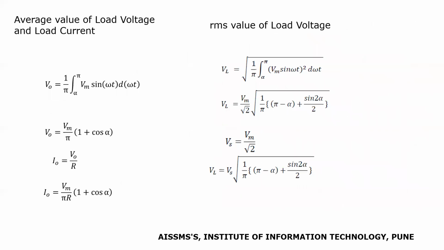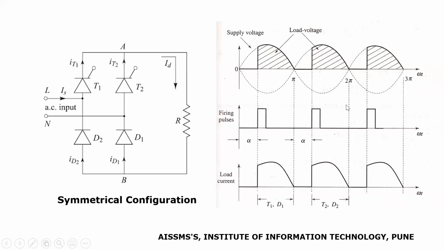Now let us see the equations for the average value of load voltage and load current and the RMS value of load voltage. If we observe the waveform, we are getting output voltage during each half cycle. We are getting output voltage during the positive half cycle of the source voltage as well as during the negative half cycle of the source voltage.